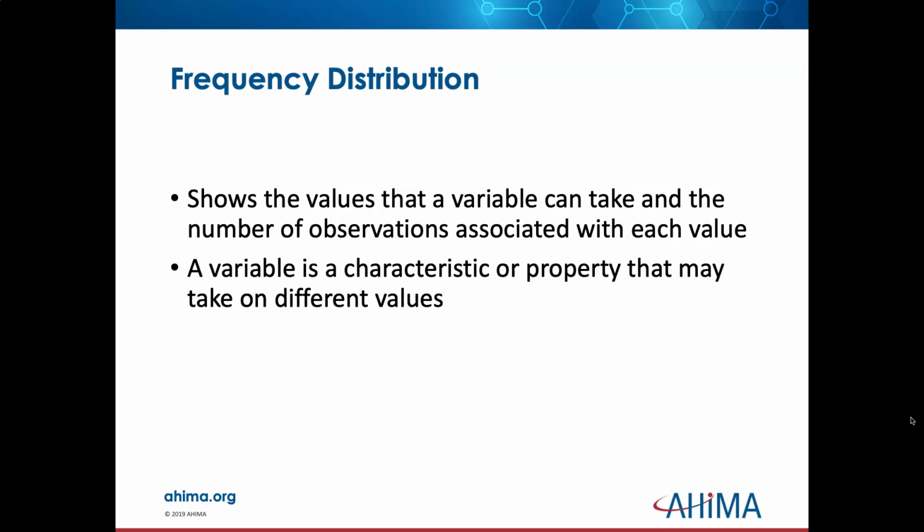Frequency distribution. This shows the values that a variable can take and the number of observations associated with each value. Do you see now why you need to know what a variable is and what values are? So a frequency distribution shows the values that a variable can take and the number of observations associated with each value. A variable is a characteristic or property that may take on different values.